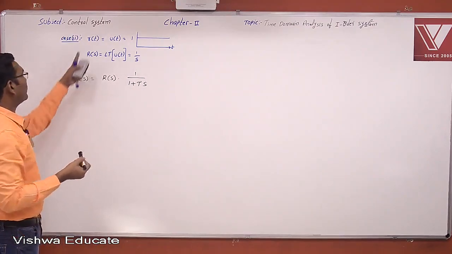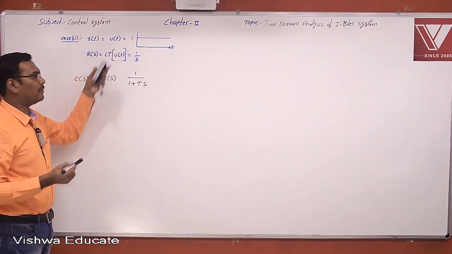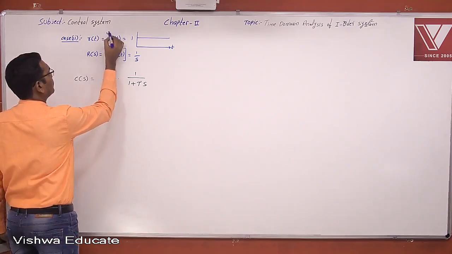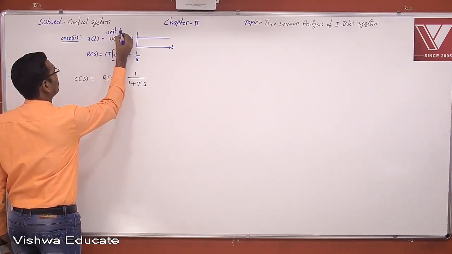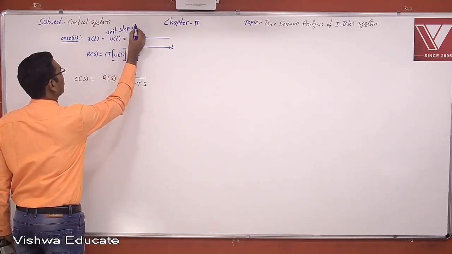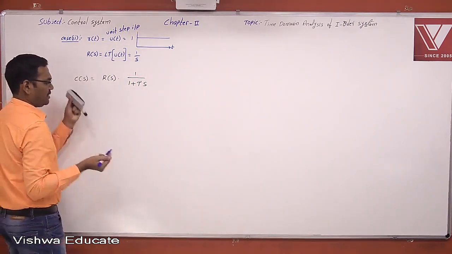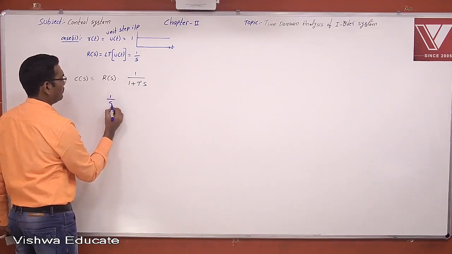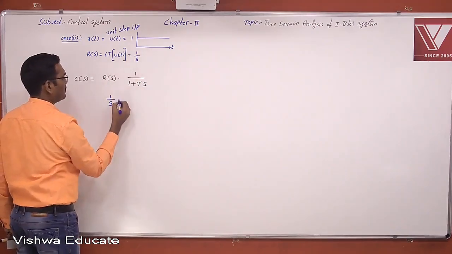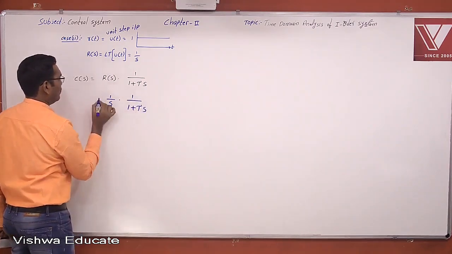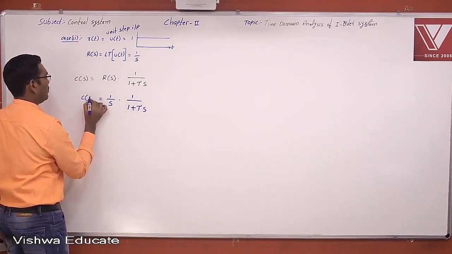This reference input is a unit step input. So R of S is 1 by S, and C of S is 1 by S into 1 by 1 plus tau s.